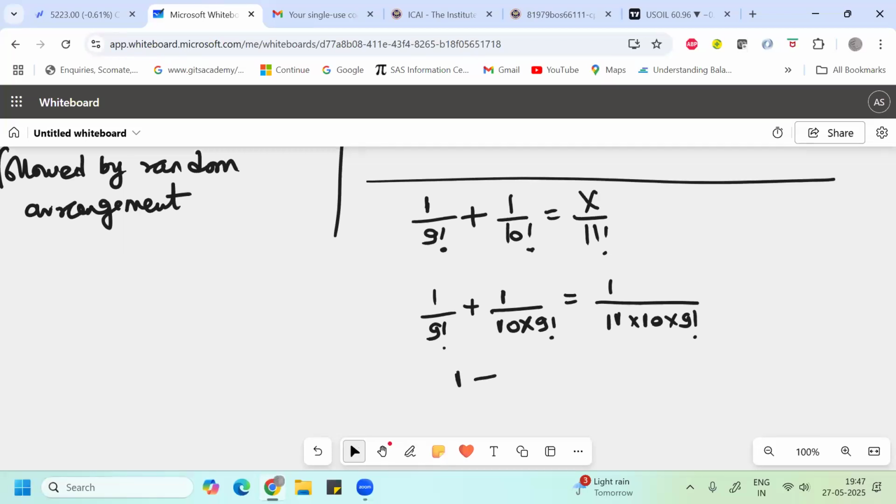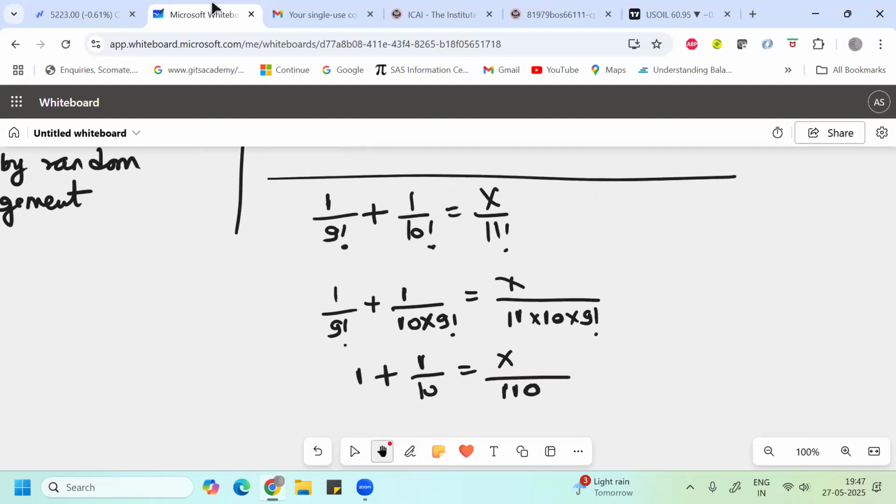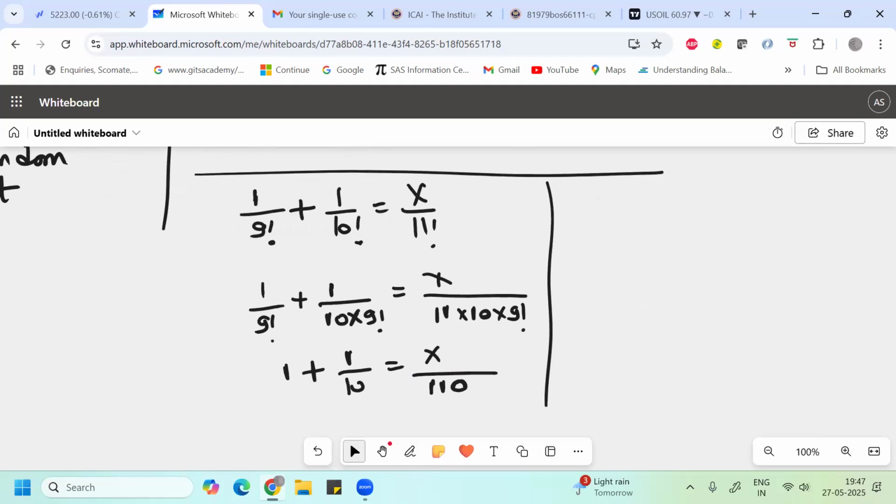So this will be 1 plus 1 by 10 is equal to x by 110. You have to find the value of x. Here 1 plus 1 by 10 is 11 by 10. 11 by 10 is equal to x by 110. Okay, so zeros cancel, so your x is equal to 121.